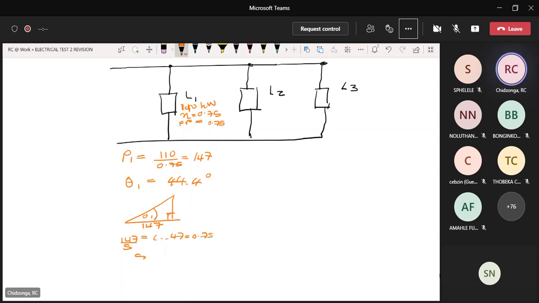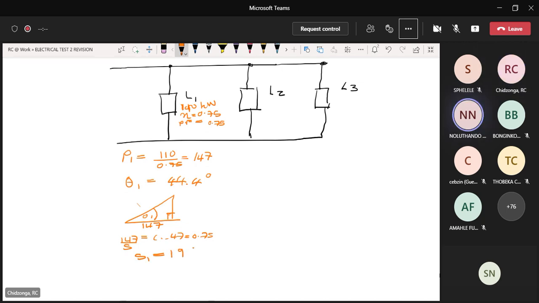In other words, S equals 147 divided by 0.75, which gives us 196.